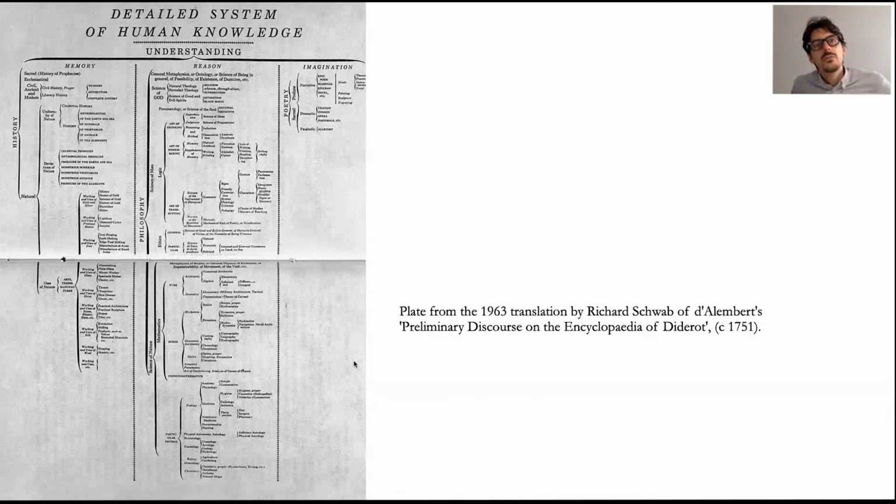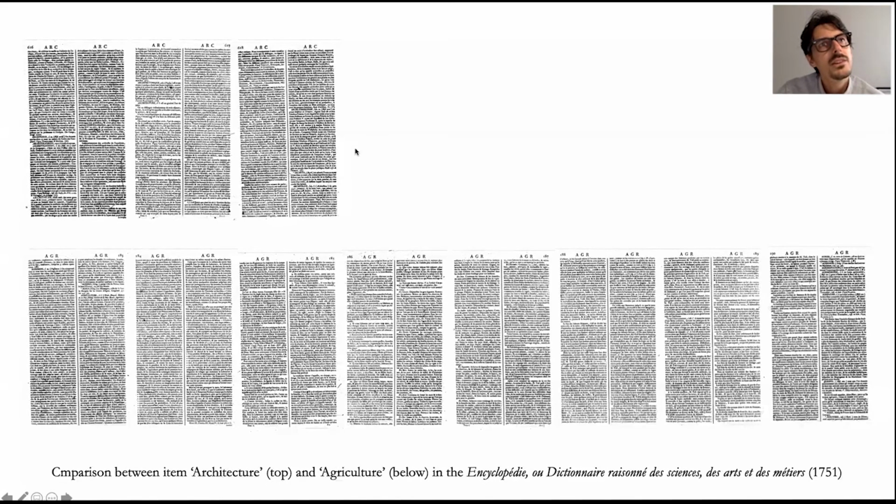In order to frame architecture, you have to understand how it is placed in the overall structure of sciences. On the top here, we see that in the first edition of the encyclopedia, if I'm not wrong, the architect Blondel, who was a very famous architect at the time, writes the item architecture in 3 pages, while the item agriculture is developed in 8 pages.